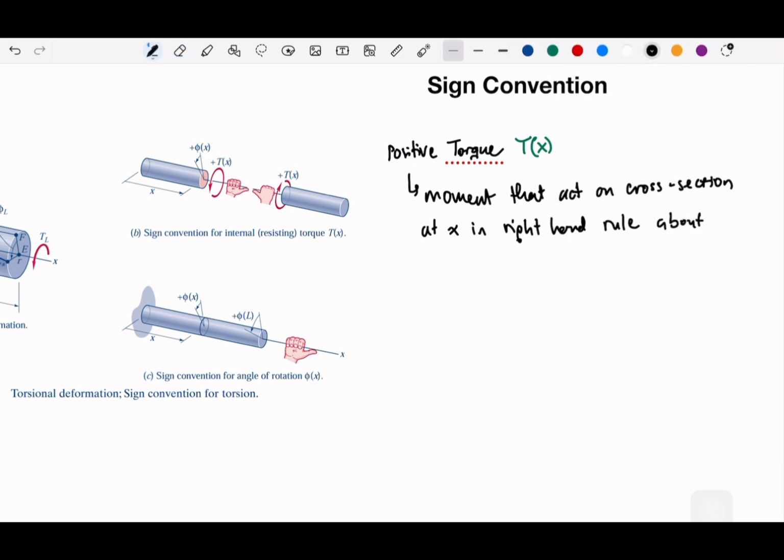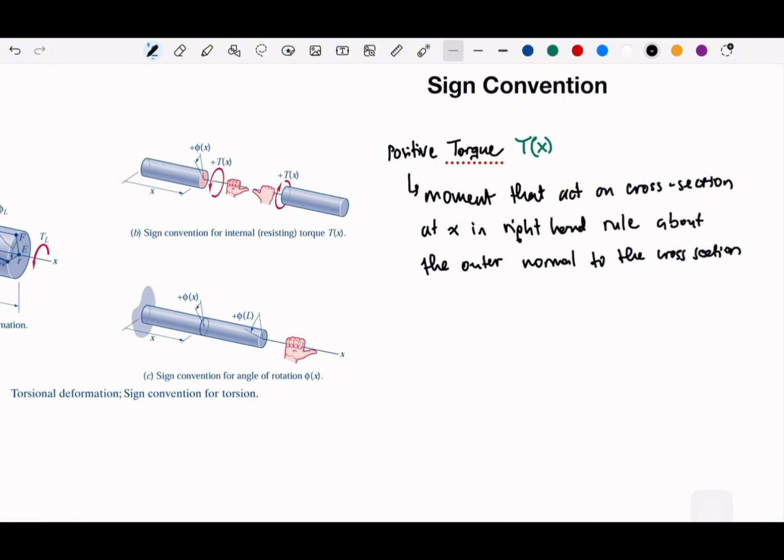about the outer normal to the cross section. And in the other cross section, there will be an opposite torque that is indicated by this picture here.